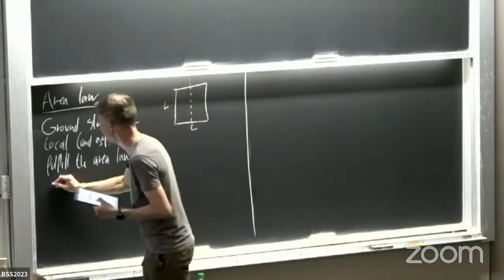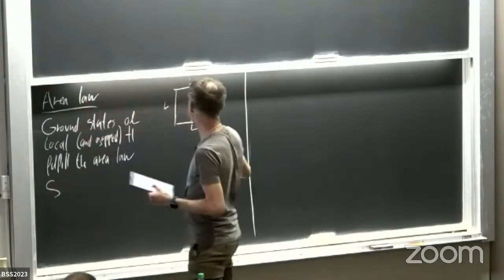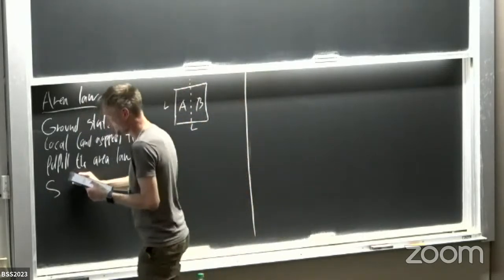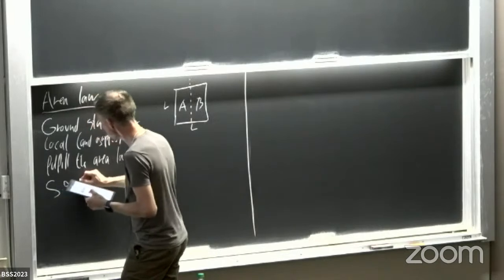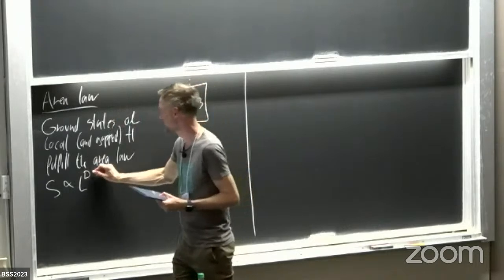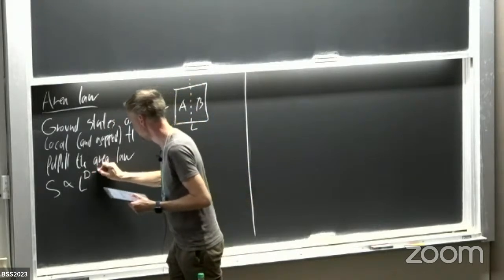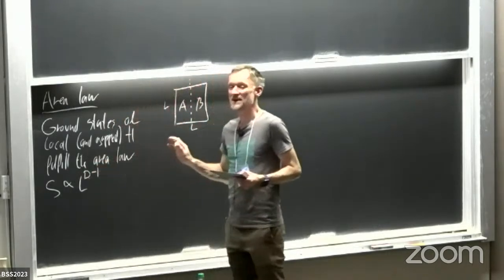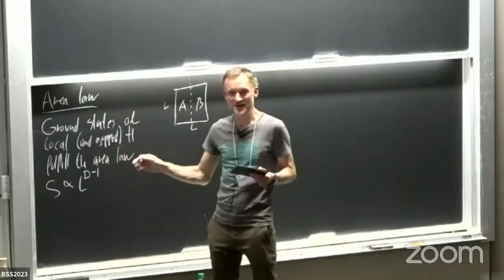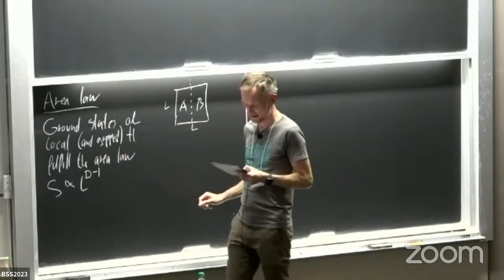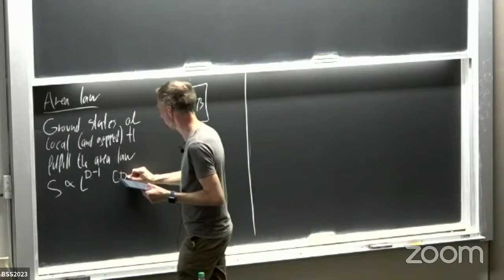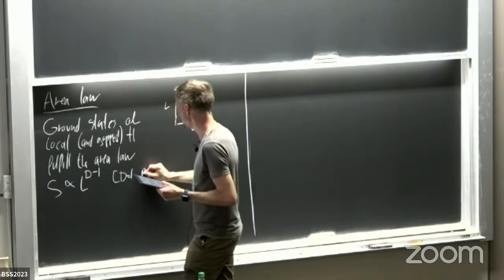The area law states that the entanglement entropy between the 2 parts is proportional to L to the power of d minus 1, where d is the spatial dimension. In fact, in dimensions d larger than 1, this is a conjecture, but for d equals 1, there is a proof by Hastings.